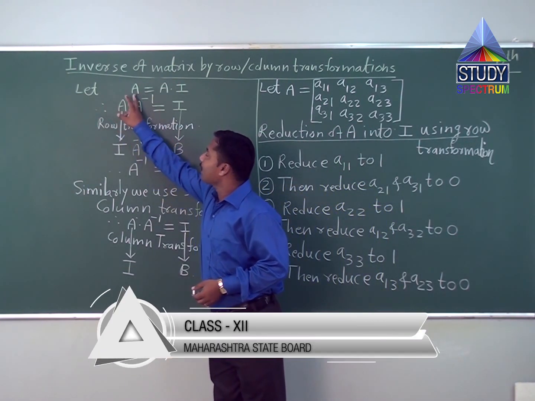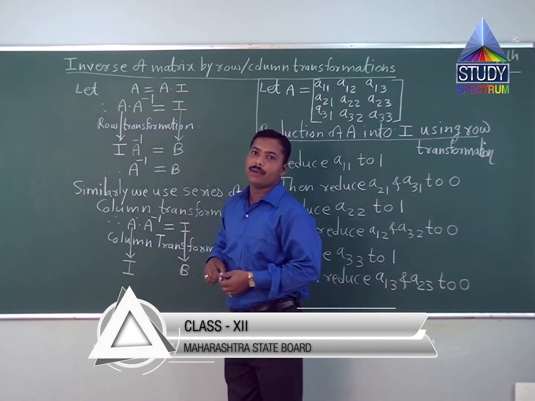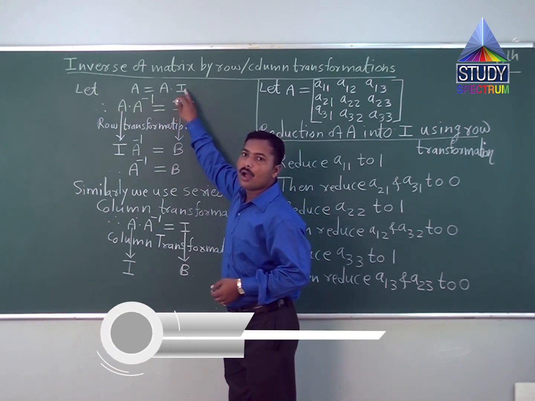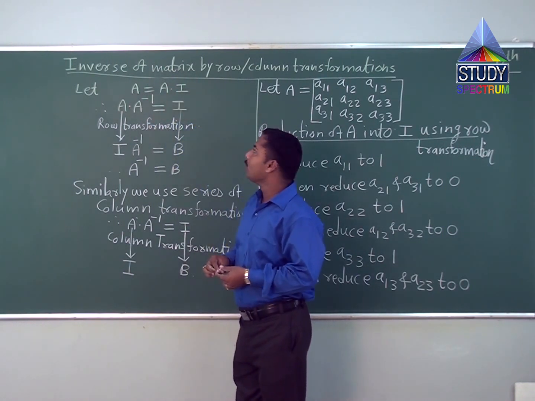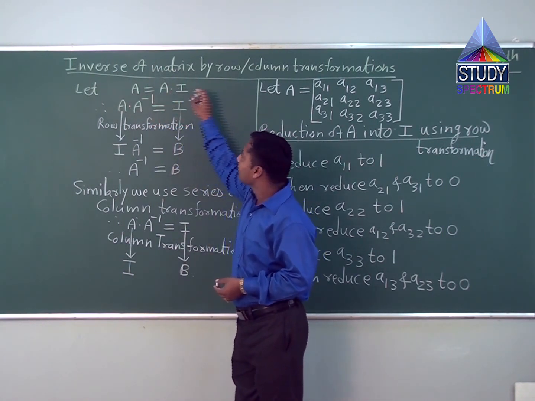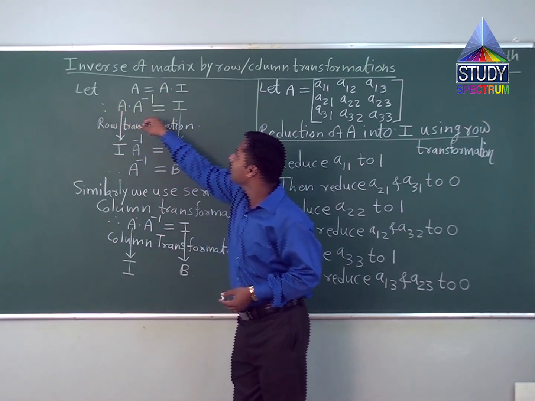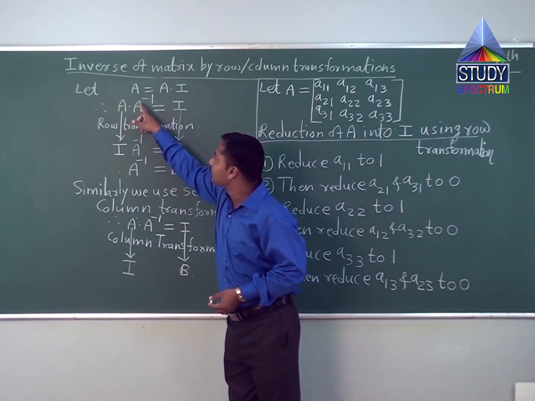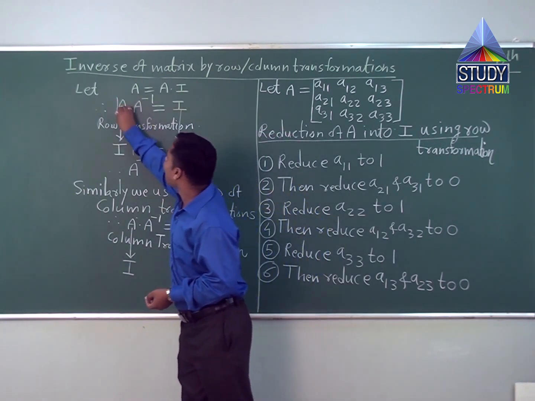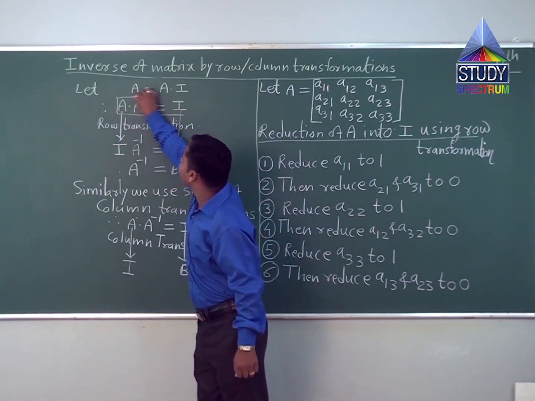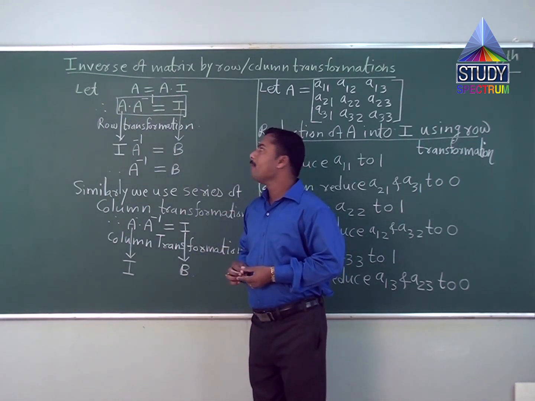Here every matrix can be written as A into identity matrix, A equal to A into I. Suppose A goes to the left hand side, what happens? A becomes A inverse, and therefore A into A inverse equal to I. So by using this formula A into A inverse equal to I, we find the inverse of matrix.